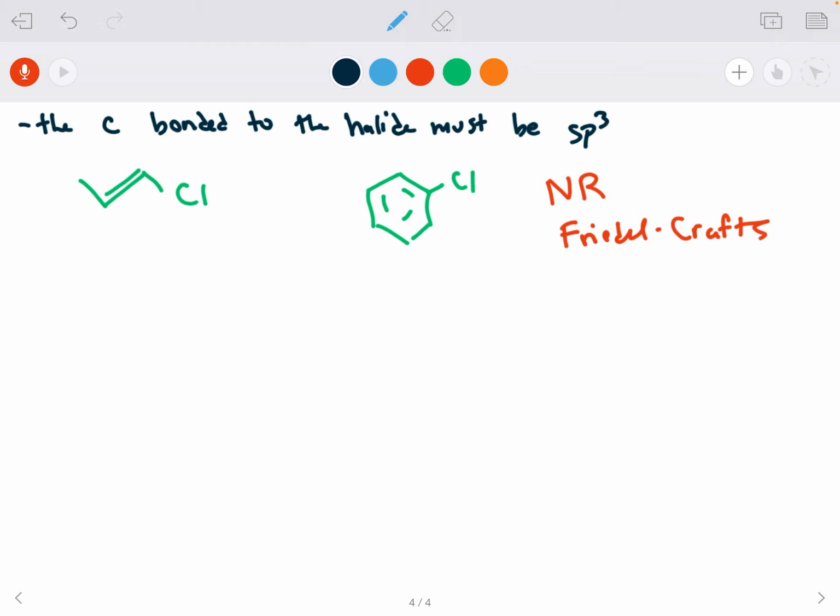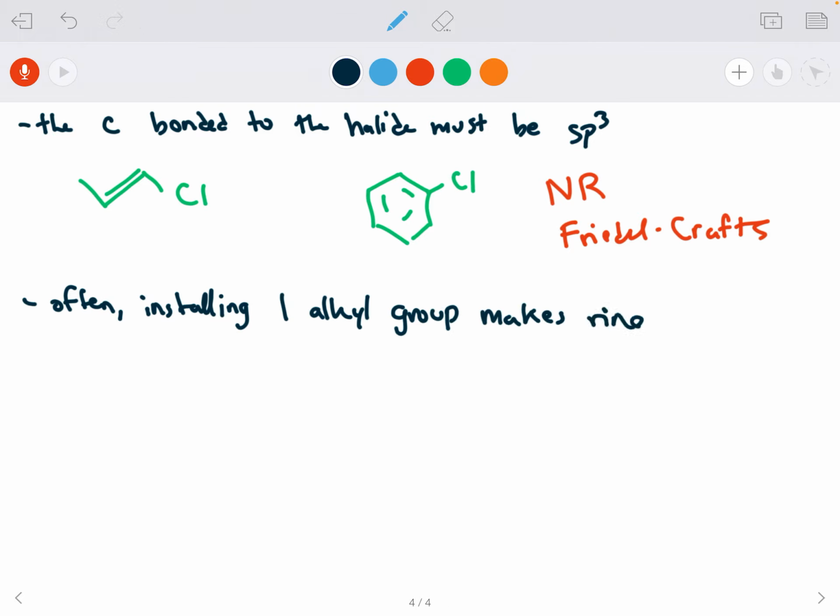Another note, and I'll talk about this more in a couple videos with activating and deactivating groups, but often installing one alkyl group makes the ring more reactive.